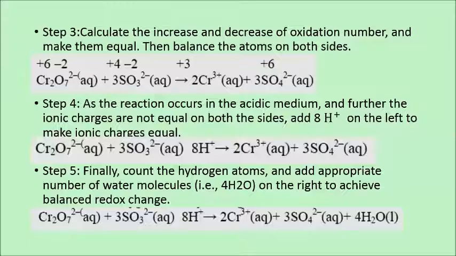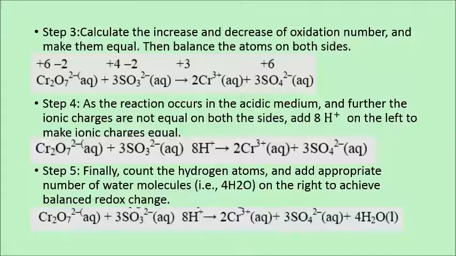The fourth step is what? We have to see the ionic charges on both sides of the equation, that is the reactant side and the product side. The ionic charges should be equal. If not equal, we have to balance with H plus ion. H plus ion is added to the deficient side. And then finally we have to see how many hydrogen atoms are there.